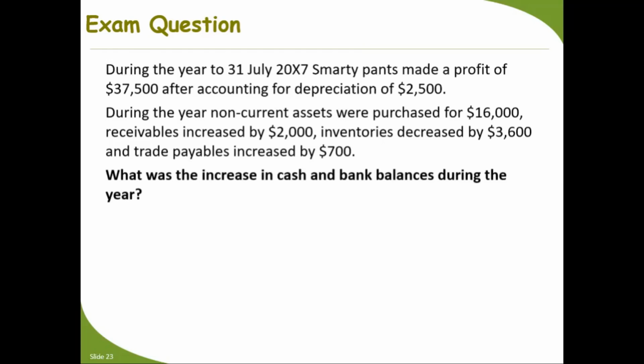Now, opening profit. Profit after accounting for depreciation. This is profit before tax, PBT, how much we have? 37,500. We have determined that depreciation, all expenses we are supposed to add back, which is 2,500.